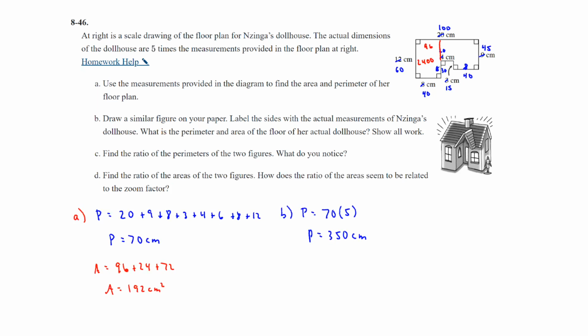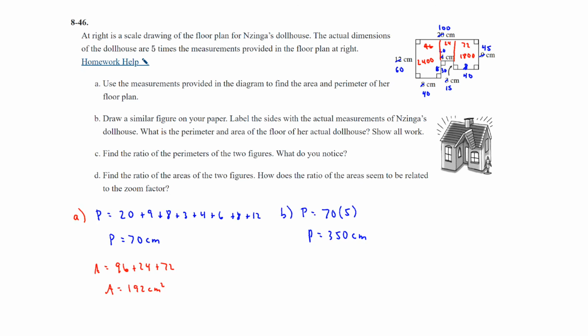And then let's take a look at this one over here. This was 8 times 9, which was 72. But now it's 40 times 45, which is 1800. And then lastly, this one in the middle was 4 times 6, which was 24. Now it's 20 times, I lost it, where are we at?